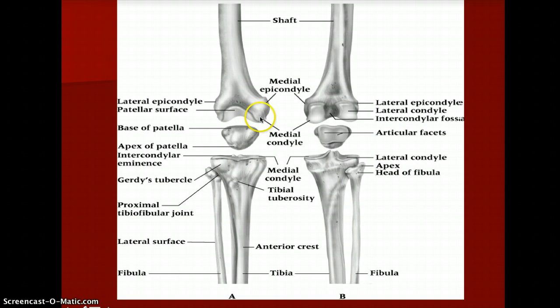These are the medial condyles and these would be the lateral condyles. Those are the things that you want to make sure you know. Also, as far as the tibial tuberosity, making sure you know that that's where the patellar tendon attaches. That's going to be important for some of the pathologies that we cover.